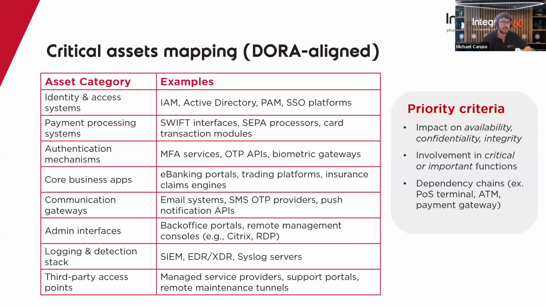if they cannot be tampered with, and there are a lot of things there. But in general, you also need to understand what a critical asset is. My suggestion is to try to do an exercise, try to understand what the impact on this asset is, based on availability, confidentiality, and integrity.